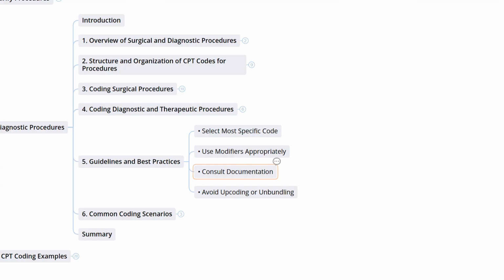Next, consult documentation. Ensure provider notes support the code selected. Next, avoid upcoding or unbundling. Follow coding guidelines to prevent over or under billing.